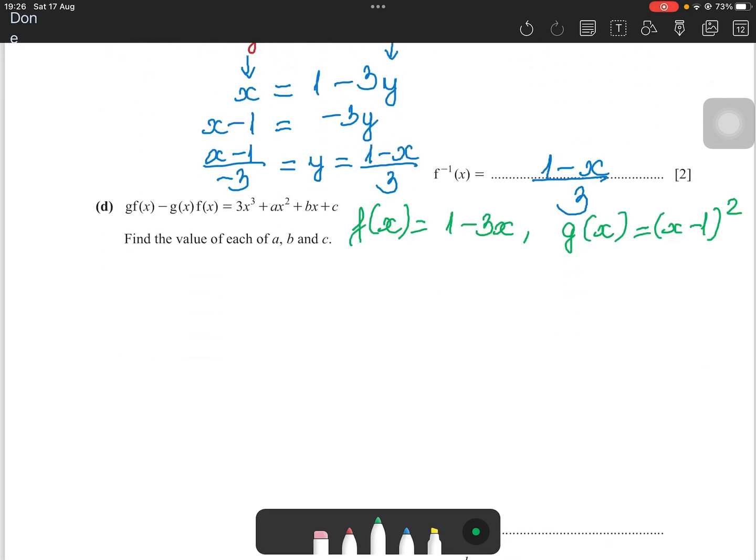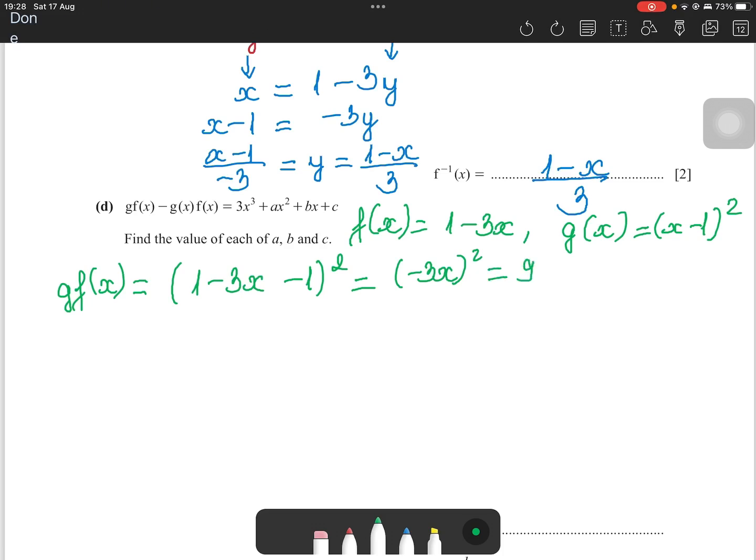So first, to find gf of x, we will substitute f into g. In g, instead of writing x, I will write 1 minus 3x, then subtract 1 squared. 1 minus 1 is 0, so we only have negative 3x squared, which is 9x squared.